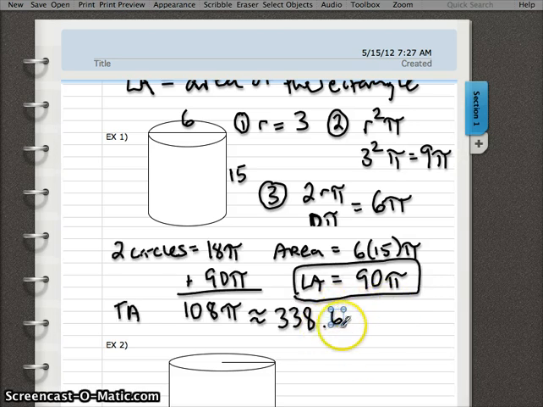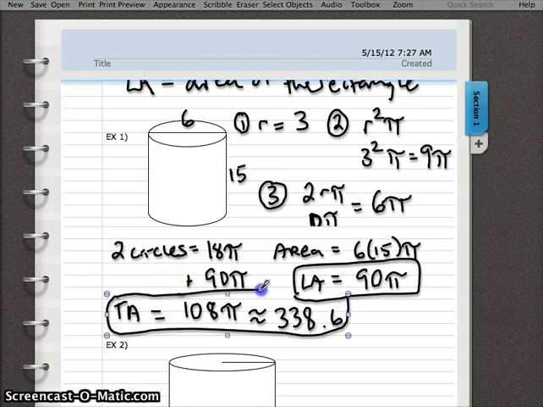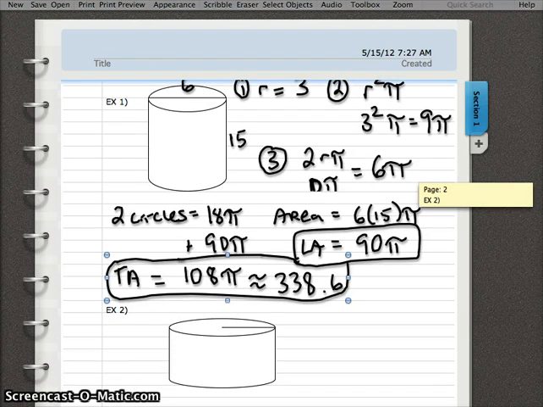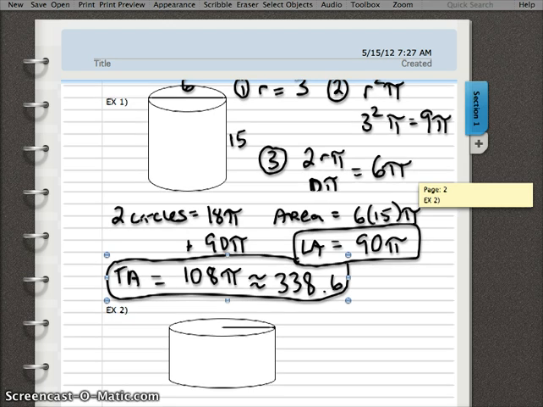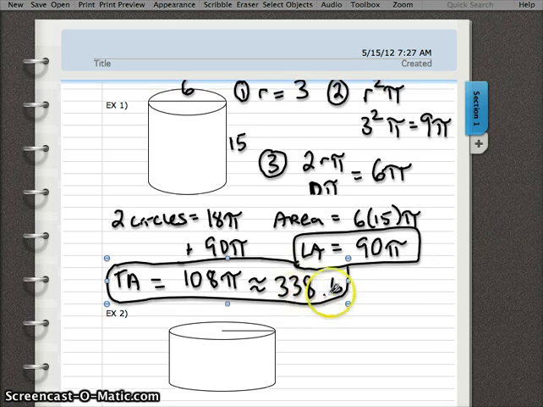Sometimes they'll ask you to round to the nearest tenth or nearest hundredth. But that's close enough. So our total area is 338 whatever milliliters, liters, gallons, whatever we're asked to find. Maybe it's just feet, maybe it's inches, maybe it's a tiny little can. But again, surface area would be our units squared. So either LA or total area.